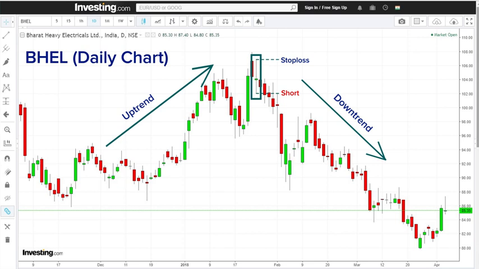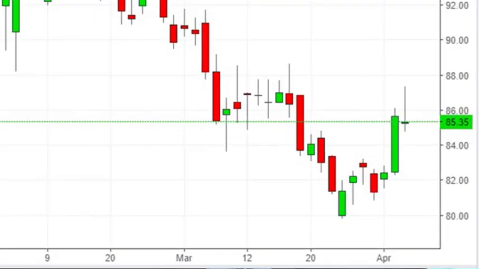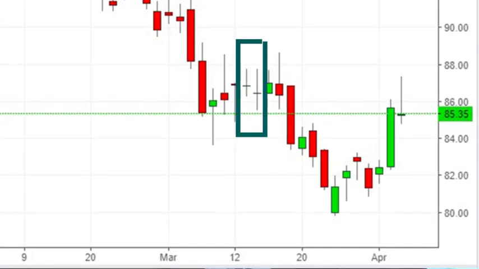In the case of dojis, the body will be almost non-existent, like we see on the right hand side here around March 12th, 13th. These are dojis. Once these dojis were formed consecutively, the price moved in the downward direction, halted for some time, and then again resumed the downward direction.